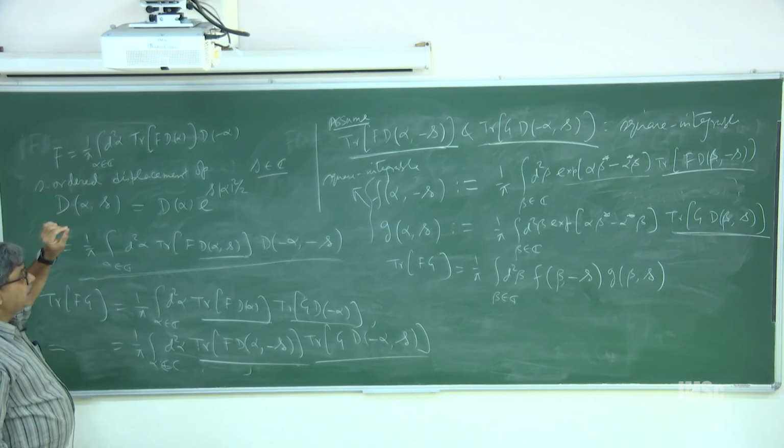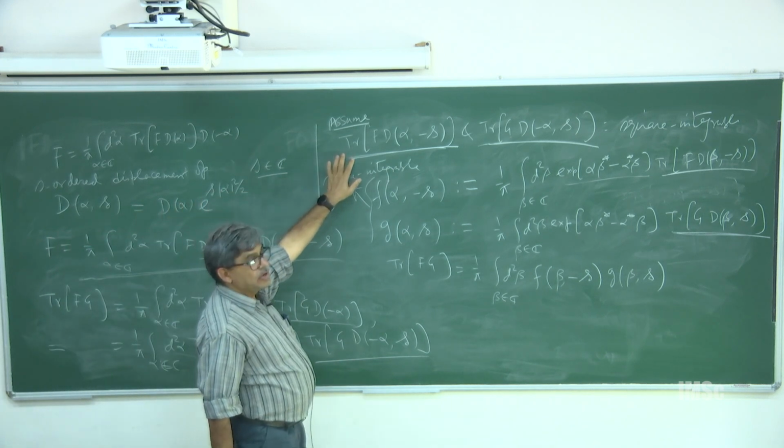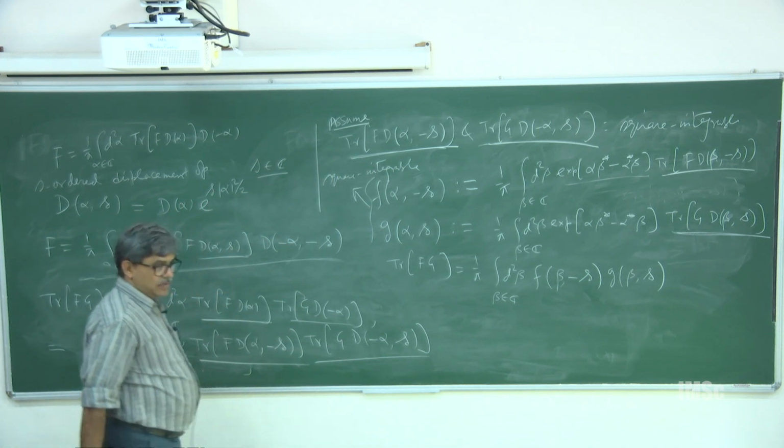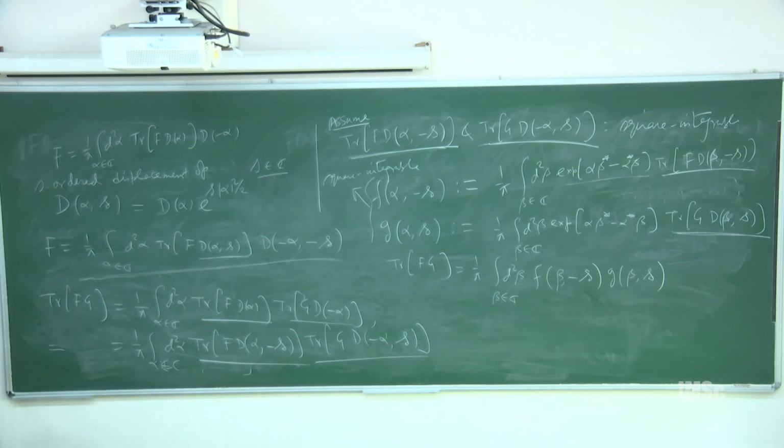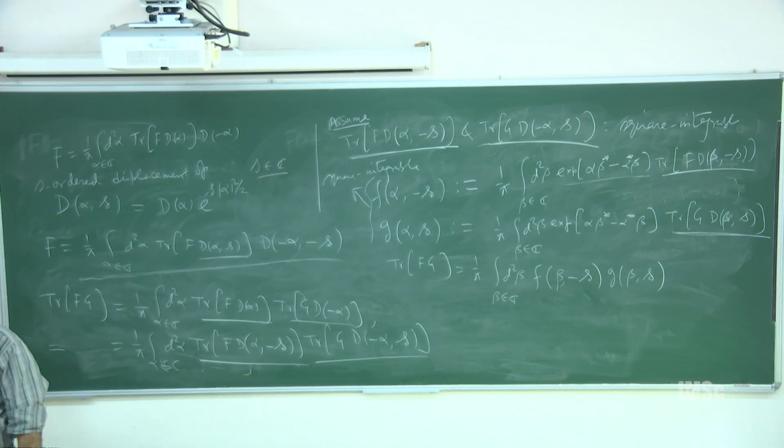Then are these two square integrable or not when real part of s is 0? That will just lead to oscillation. Yes. So, therefore, it will be square integrable. What you will have is some phase factor. So, this will always be square integrable.